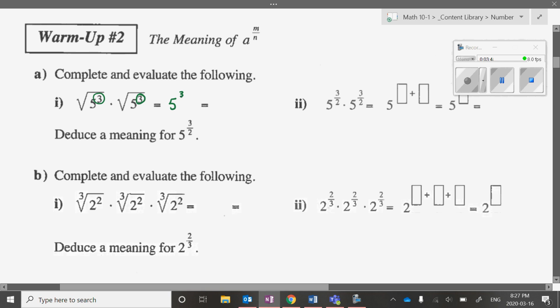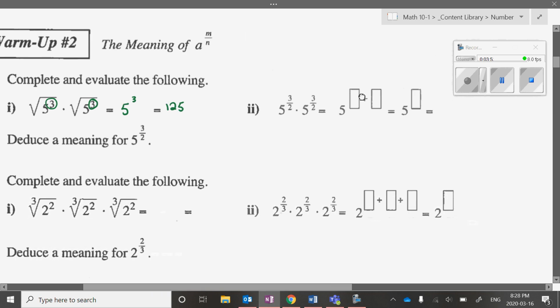My roots cancel out, which gives me 125. 3 over 2 plus 3 over 2 gives me 6 over 2, which is just 3. 5 cubed is 125. So what that means is 5 to the power of 3 over 2 is equal to the square root of 5 cubed.